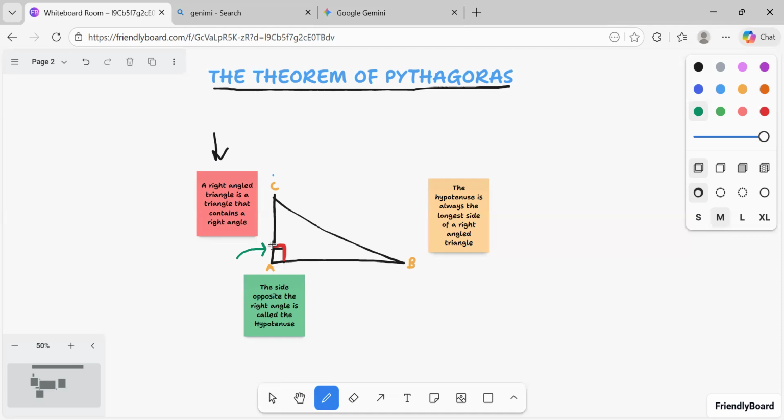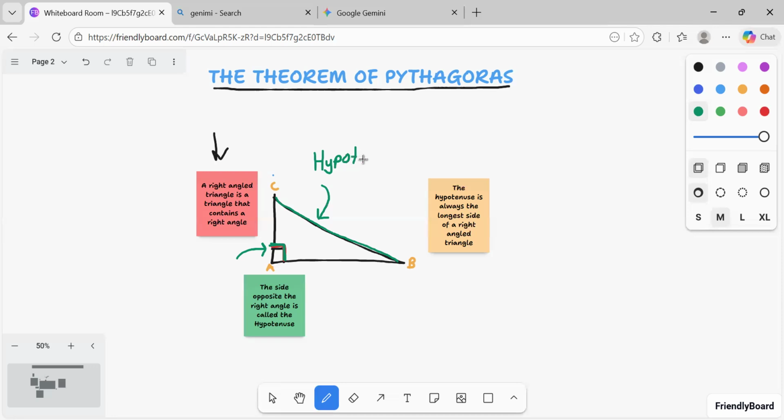If I use my green pen here, you can see that the side opposite to this right angle happens to be this side here. That's the side that is opposite to the right angle, the side that we call the hypotenuse.